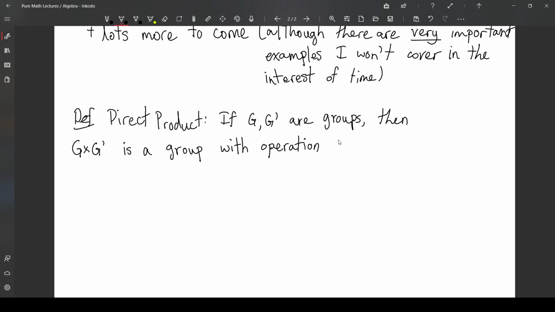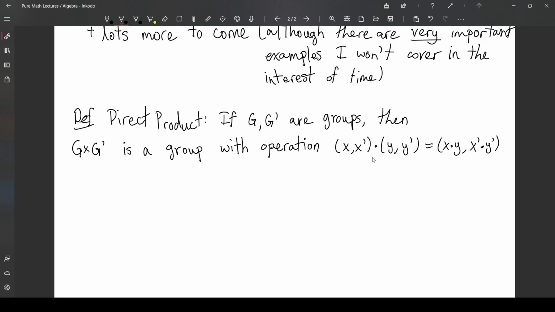The way I multiply elements of this set is, if I take two elements, which are of course ordered pairs of elements in the groups, I multiply these two ordered pairs pairwise. And so I'm abusing notation a little.